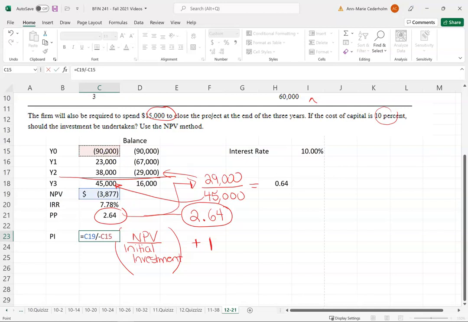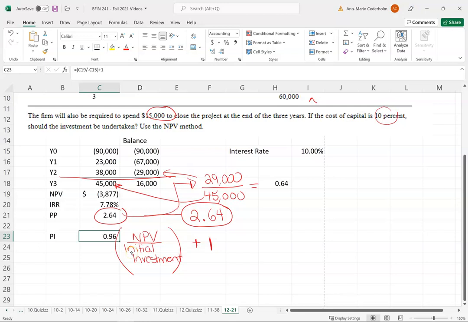So we always want to put the initial investment just in as a positive. So whatever the NPV is, that can be positive or negative, divided by the initial investment, and then adding 1 to that. Okay, so that gives me 0.96.